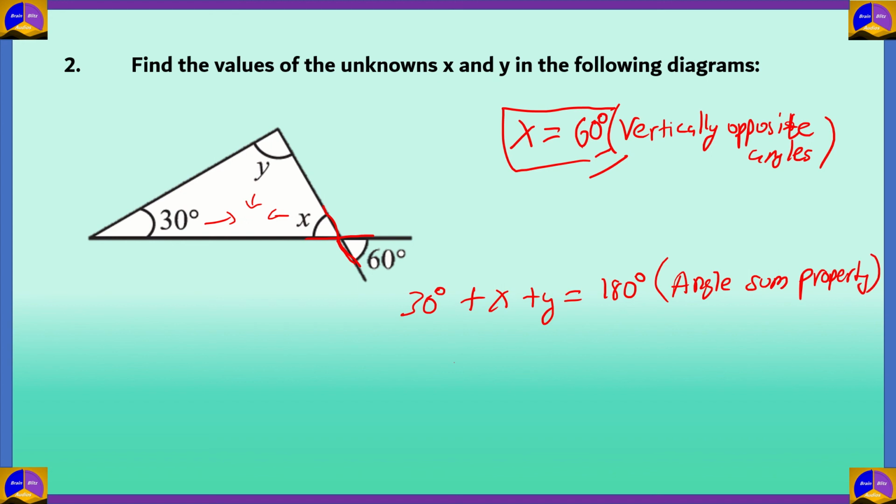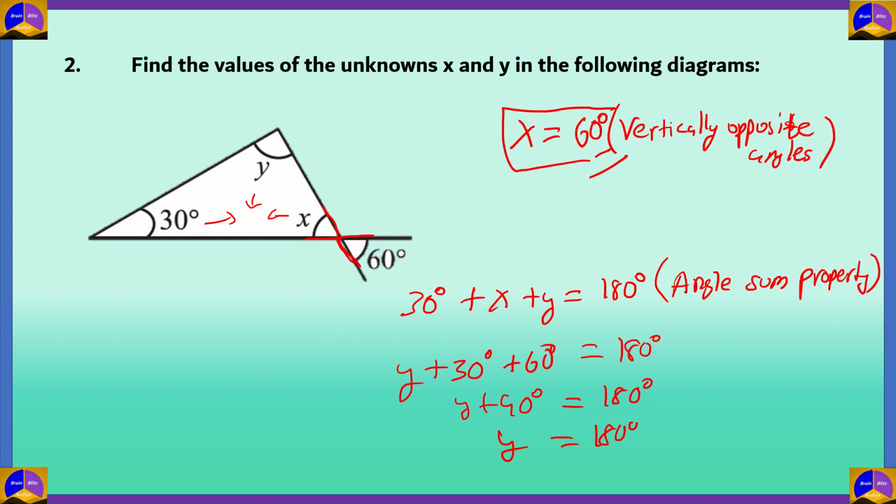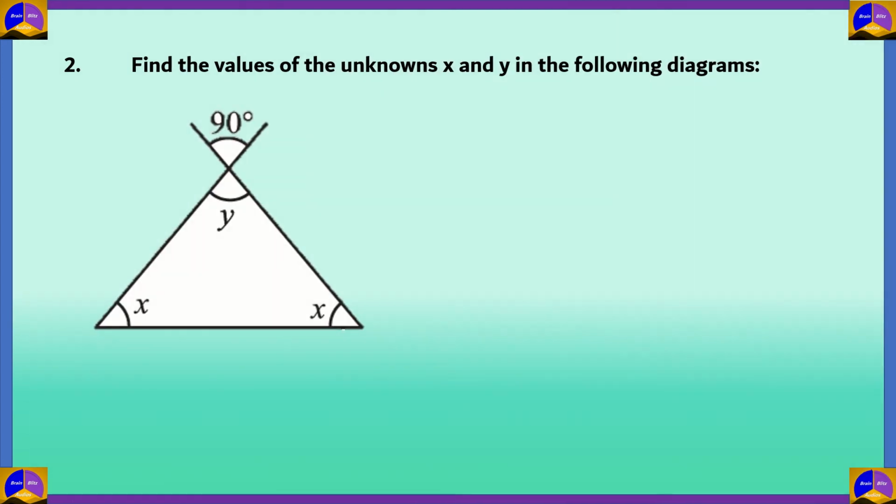So we know the value of x, 30 degrees plus 60 degrees plus y would be equal to 180 degrees. y plus 90 degrees would be equal to 180 degrees. y is equal to 180 degrees minus 90 degrees, which is equal to 90 degrees. So in this question, x is equal to 60 degrees and y is equal to 90 degrees. Let's move on to the next question.